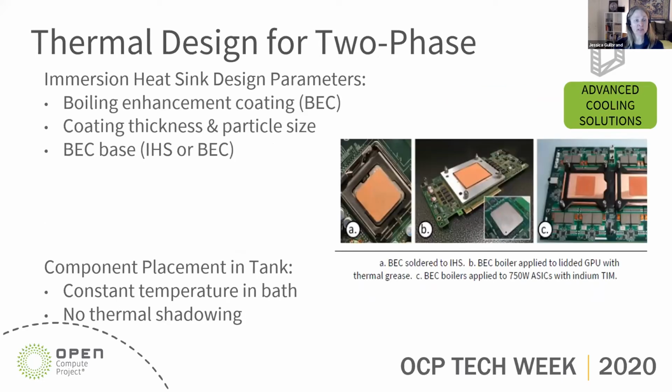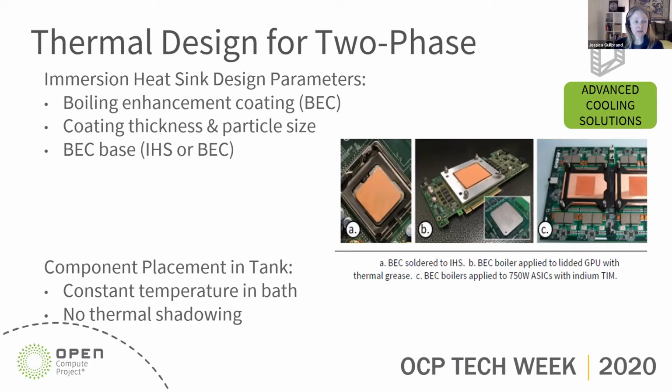If we move on to two-phase, as I mentioned previously, we're dealing with boiling enhancement surfaces with nucleation sites, or using a boiling enhancement coating, or BEC, as we call it here. The parameters that you can vary there are the coating thickness and the particle size, depending upon what liquid is being used.